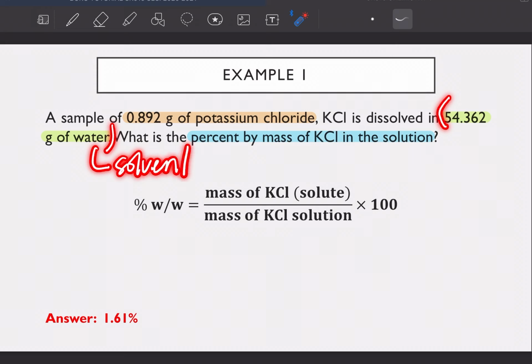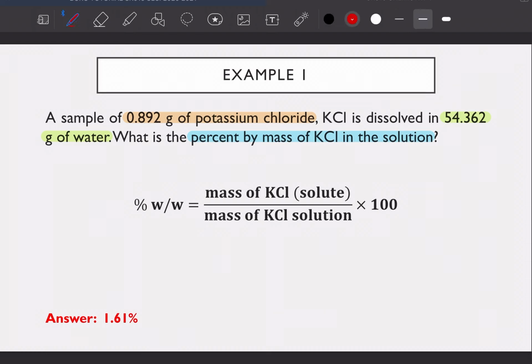Okay, alright, so now that we know that this is our solute and this is our solvent, we can find the mass of solution.